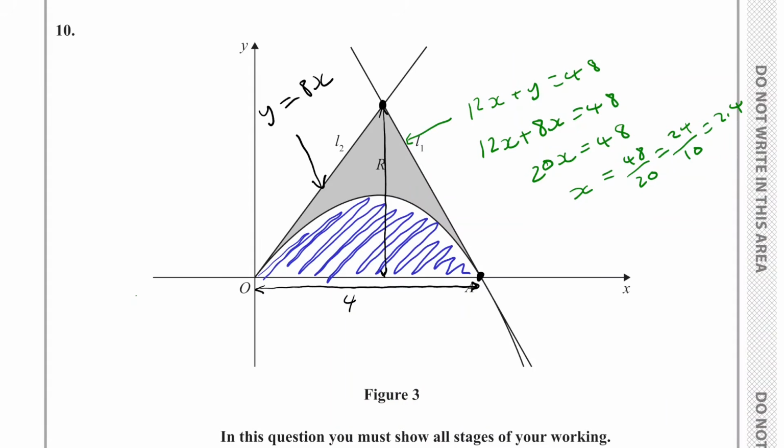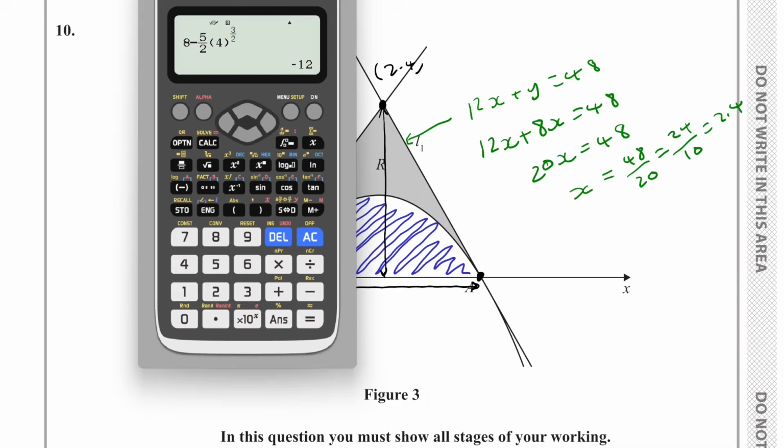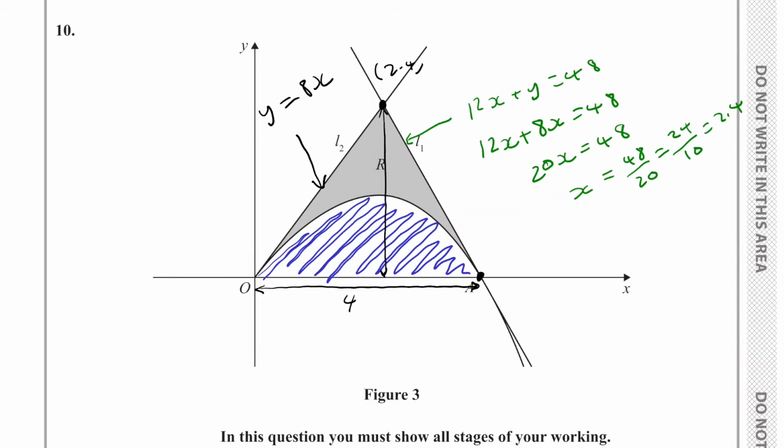So when x is 2.4, y is 8 lots of 2.4, which is 19.2. So the coordinate is (2.4, 19.2), and the height is 19.2.